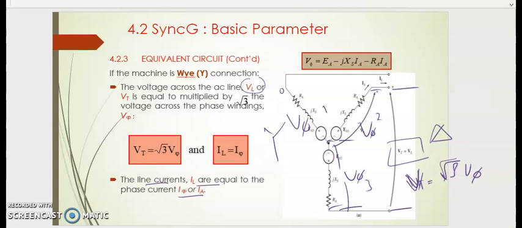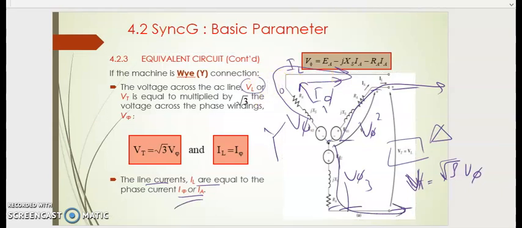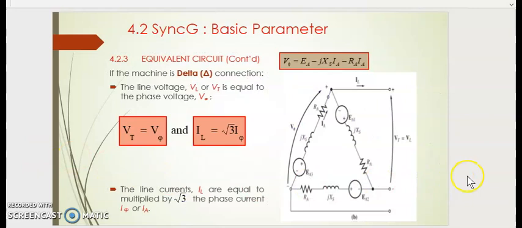If we're talking about the generator, the I that goes out from the phase is equal to the I that goes to the terminal. So I phase is equal to I line. The same current flows out to the terminal. If you draw it, you can appreciate it much more easily.